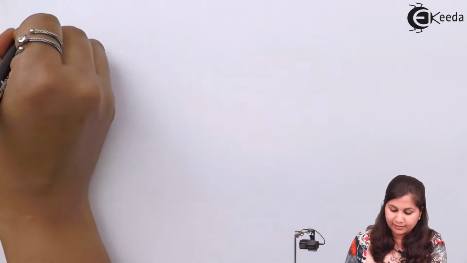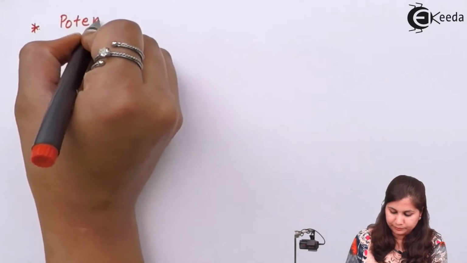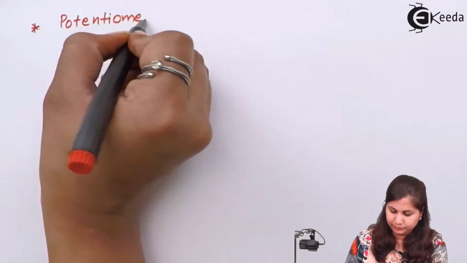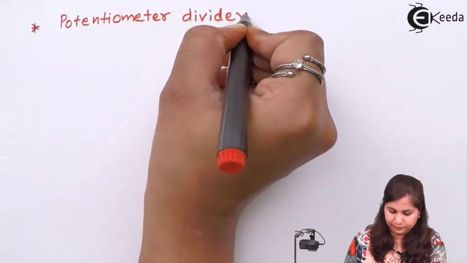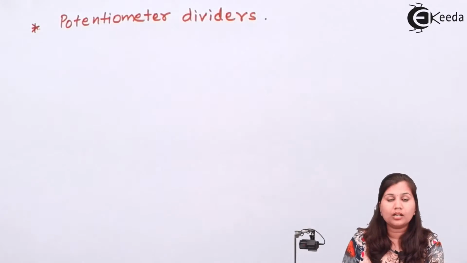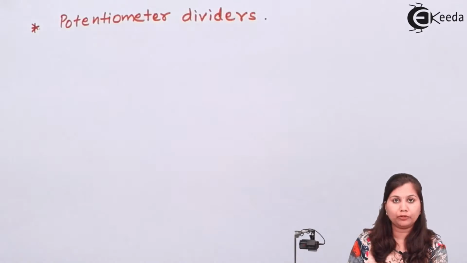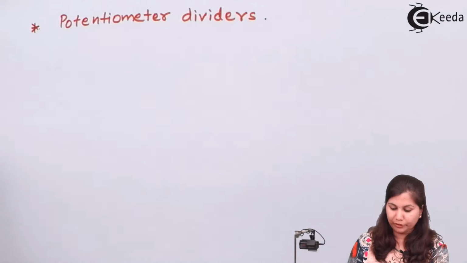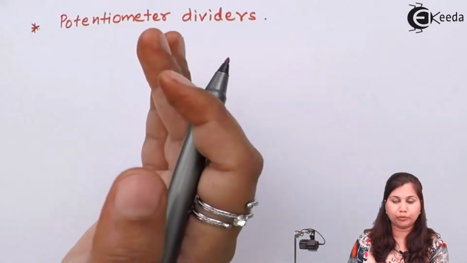Now the circuit which you have seen for the linear potentiometer is known as the potentiometer dividers. These linear potentiometer circuits are known as the potentiometer dividers because they are dividing the input voltage, because they are producing an output voltage which is a fraction of the input voltage.